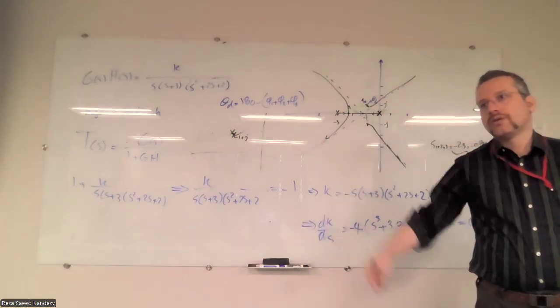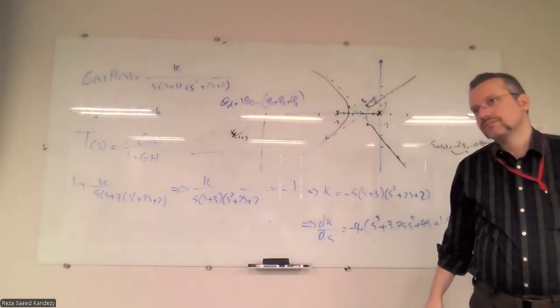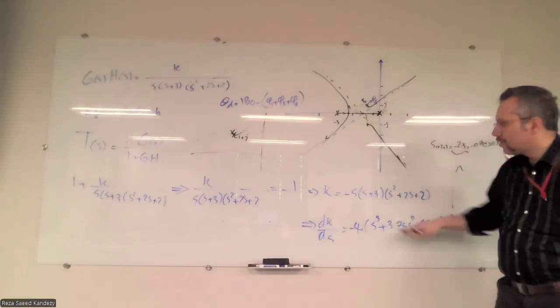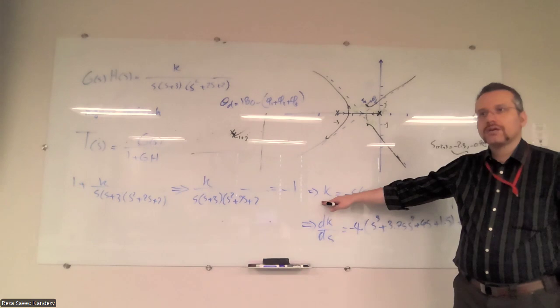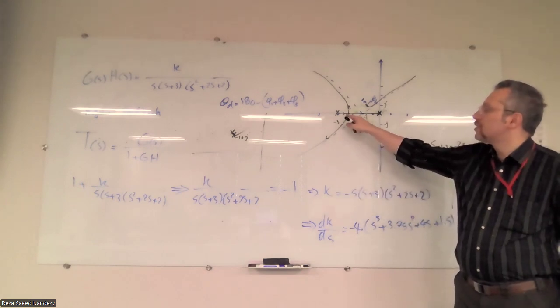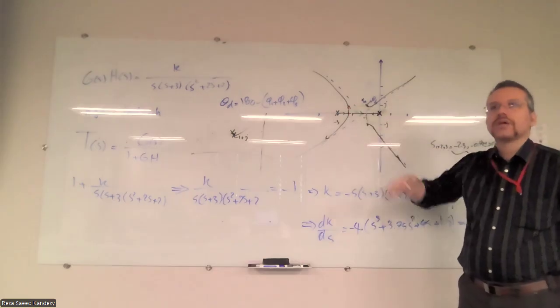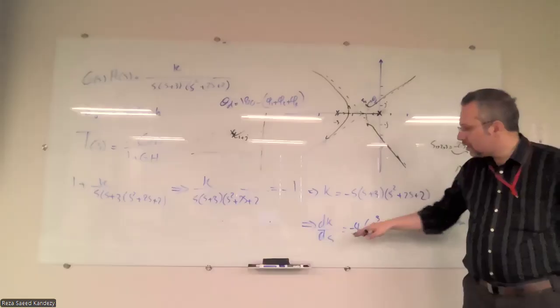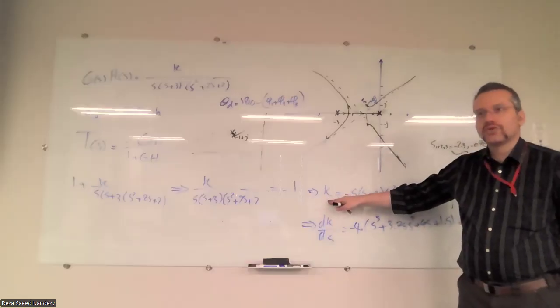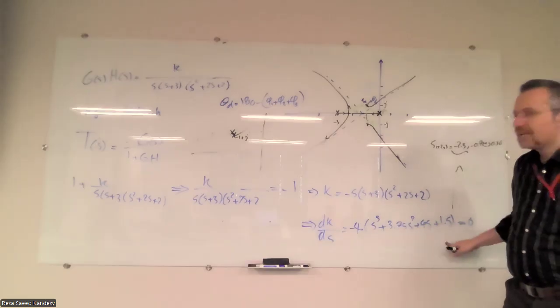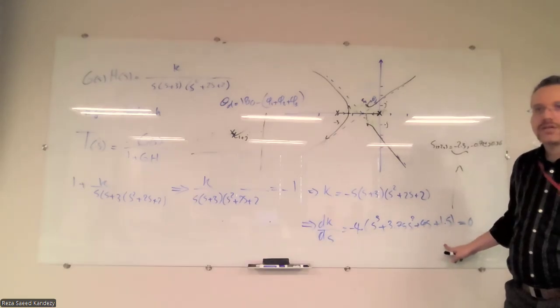Then you take the derivative dk/ds and set it equal to 0, and find the s to get your k. If we have a function of k, and we know the point where we leave the real axis is a local max, then the derivative of this one should be equal to 0. So we take a derivative, set it to 0, and get the s's that satisfy that condition.